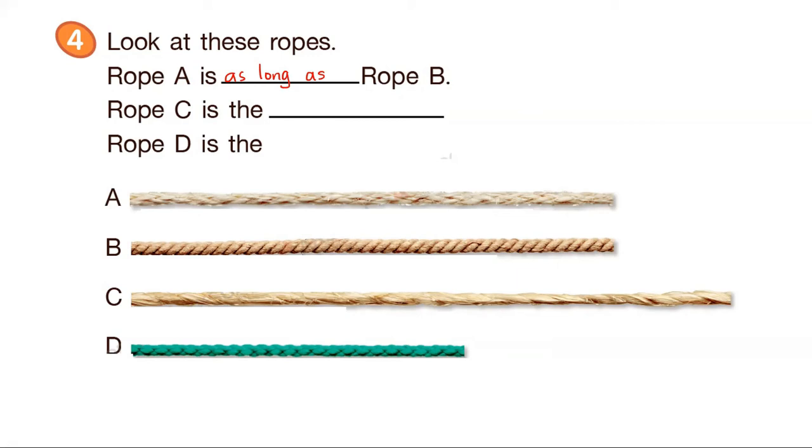So it means that they are equal. Now, rope C is the longest. Okay, and rope D is the shortest.